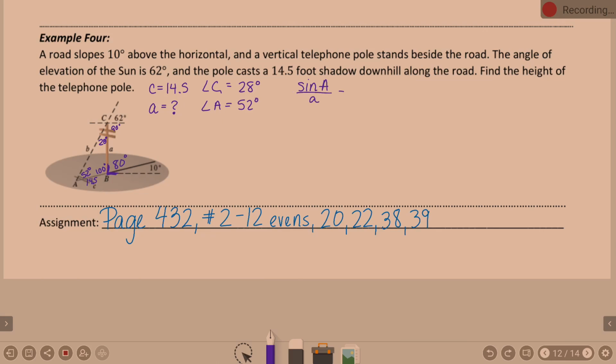Sine of A over A equals sine of C over C. So sine of 52 degrees over A equals sine of 28 degrees over 14.5. Cross products: A times sine of 28 degrees equals 14.5 times sine of 52 degrees.